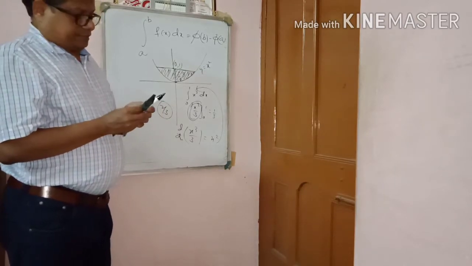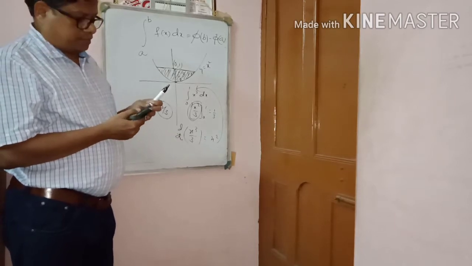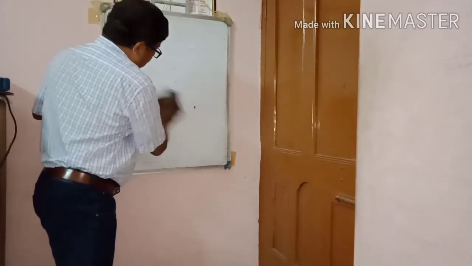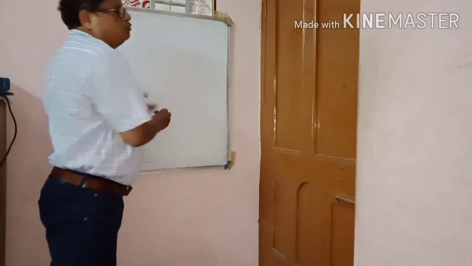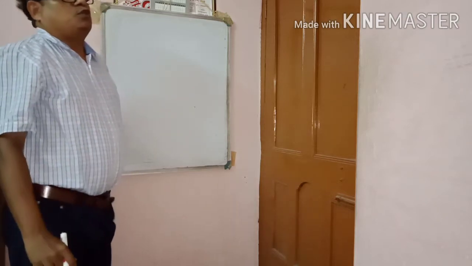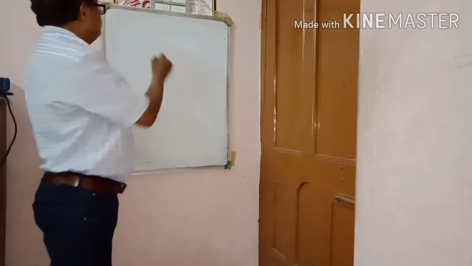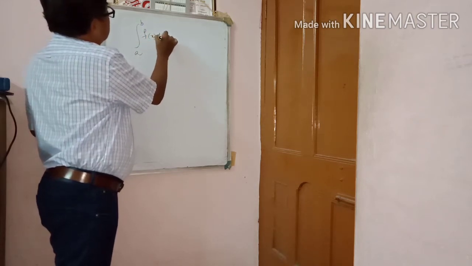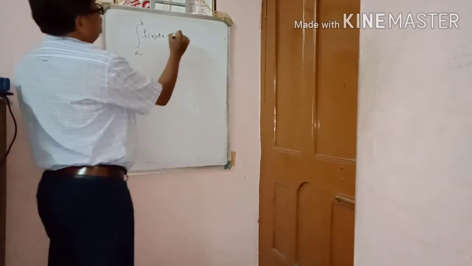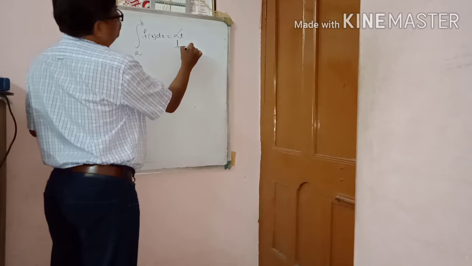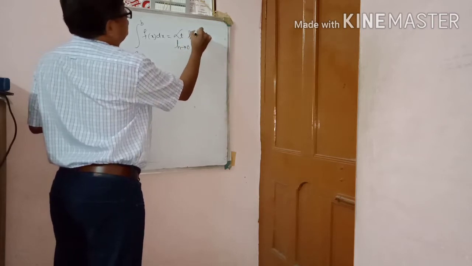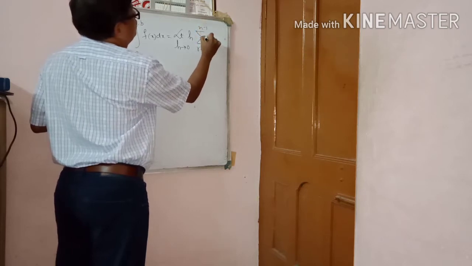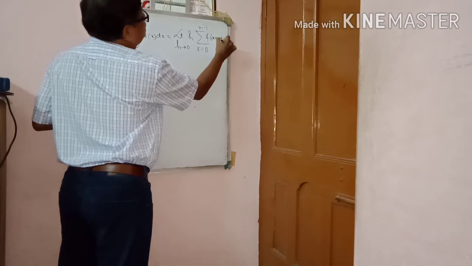Now, definite integral as an area. We have to prove it. How to prove? See, the limiting value of the definite integral is: integration a to b f of x dx equal to limit h tends to 0 of h summation r equal to 0 to n minus 1 f of a plus rh.